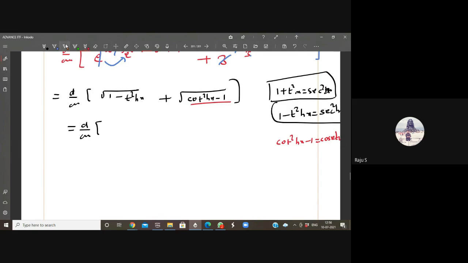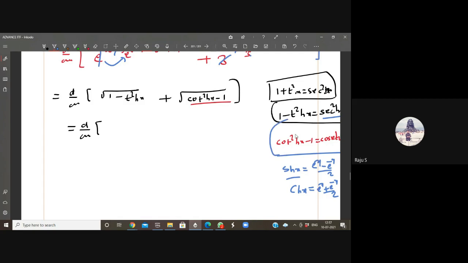If you're having any doubts, you can take sine hx. Sine hx value is e power x minus e power minus x by 2. Cos hx value is e power x plus e power minus x by 2. From this you will get tan hx, and you can find 1 minus tan square hx gives secant square hx, and cot square hx minus 1 is cosecant square hx.